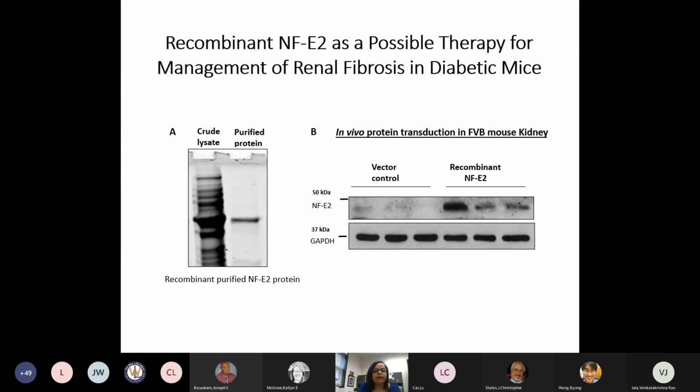Initially we generated a purified NFE2 protein in the laboratory, and we transduced these proteins in FVB mouse kidneys and demonstrated the presence of NFE2 in these mice. In the future, we plan to transduce these proteins into the OVE26 mice as well as in DBDB mice to determine if we could possibly use NFE2 as a therapy for management of renal fibrosis in diabetic mice.